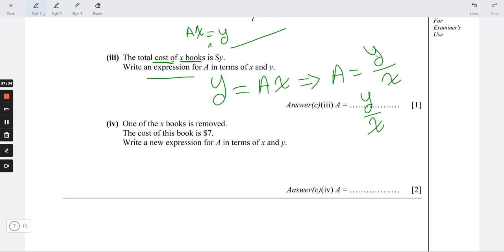One of the X books is removed. The cost of this book is $7.